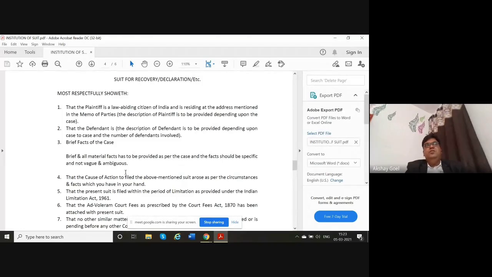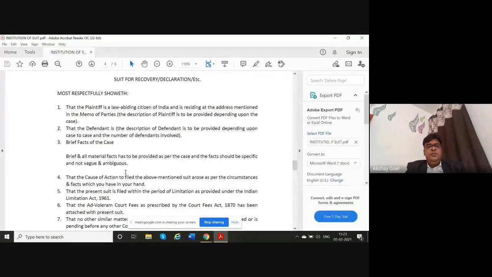This is the invoice which was issued, and so on depending on the facts. These kinds of facts are specific, but mentioning only that the defendant came to the plaintiff to sell a particular product is vague. So your facts should never be vague and ambiguous. They should always be specific.